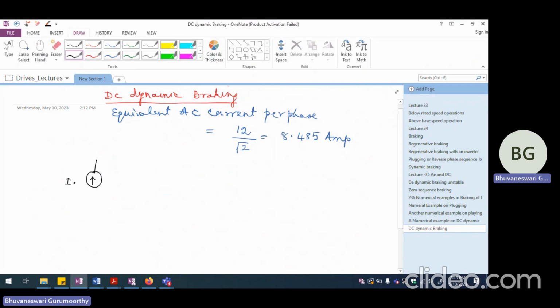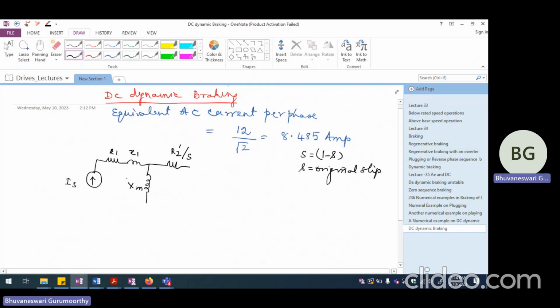If I am injecting a current of IS, which is equivalent to synchronous frequency, and let us say this is R1, this is going to be X1, and this is XM. And we are going to have the resistance to be R2 dash by capital S, where capital S is equal to 1 minus small s, where s was the original slip.